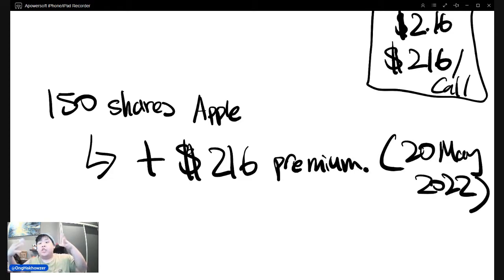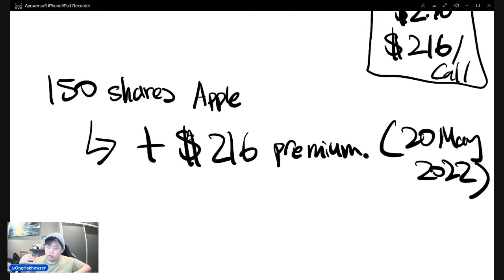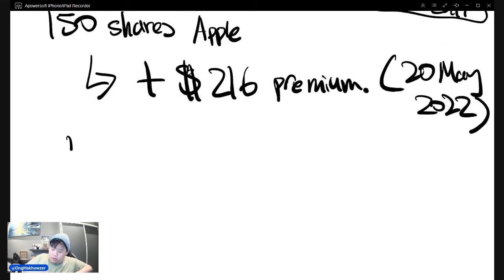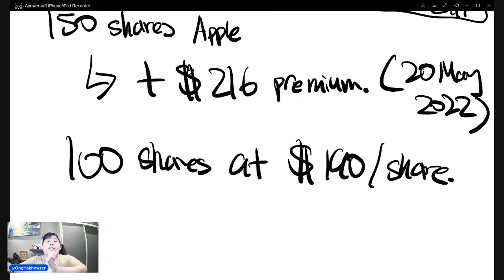Okay, so what this actually means is that I'm only promising myself that if Apple goes up all the way to $190, I don't care. If Apple goes to zero, I don't care. Because what happens here is I am now giving the chance to sell 100 shares at $190 per share. Okay, so when you sell a call option, basically you are bearish on the position. Selling a call means you're bearish, selling a put means you are bullish.